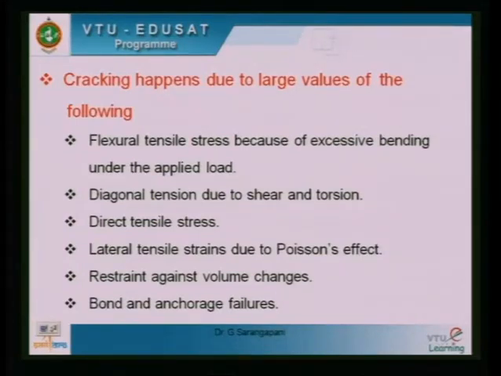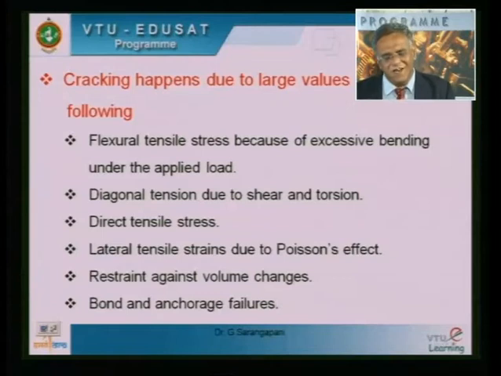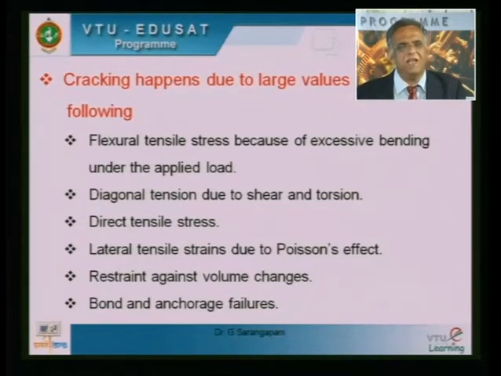So the first point, I think I understood. It says that the flexural tensile stress, because of excessive bending under the applied load, whenever it achieves a value greater than the tensile strength of the concrete, cracking takes place.